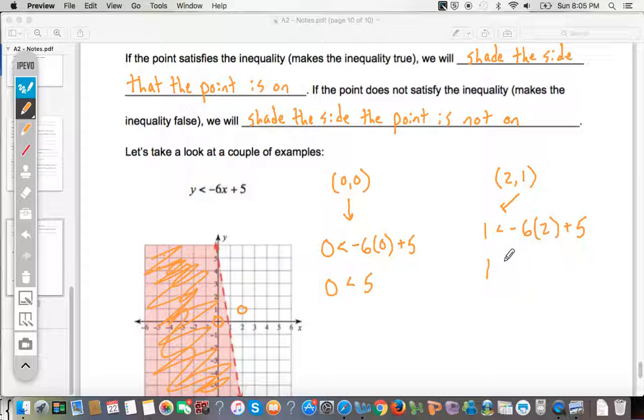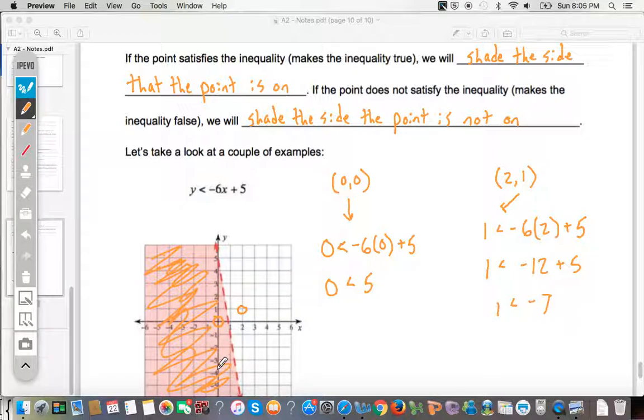So I do the math. 1 is less than negative 12 plus 5. So 1 is less than negative 7. Is 1 less than negative 7? No, it's not. So because of that, I will shade the side the point is not on. So I pick this point right here, my line's right here. It was false, so I'll shade on this side of the line again.